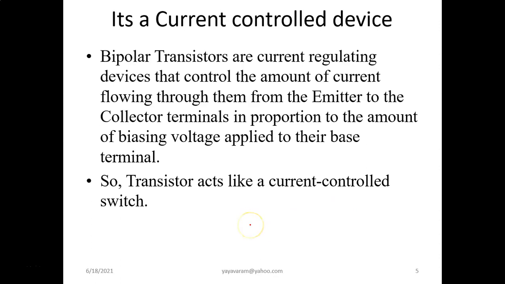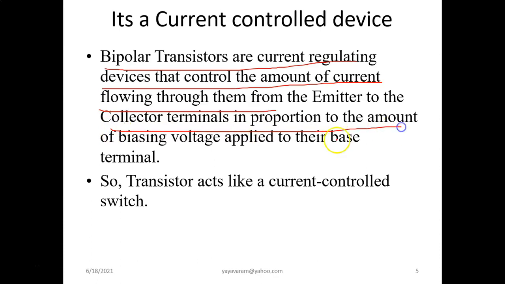It is a semiconducting device. Next, another most important thing is that bipolar transistors are current regulating devices. That is, the base current will actually control the activity of the transistor. Bipolar transistors are current regulating devices that control the amount of current flowing through them from emitter to collector terminals in proportion to the amount of biasing voltage applied to the base terminal. Very, very important.